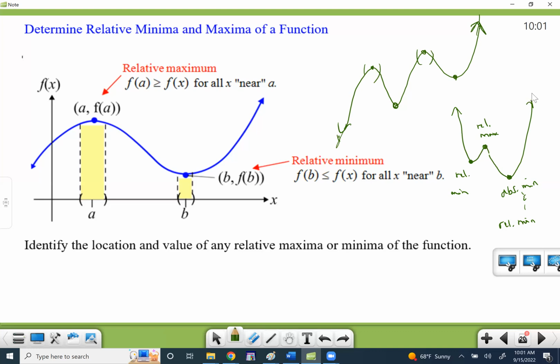There's other spots that are higher, but a business might want to look at that point and ask, what changed in that month of March? What made us go from increasing to decreasing? This relative maximum right here is very important, or even right here. What changed here in June that made us all of a sudden have our sales go up? We really want to look at what happened during that month. Okay. All right.